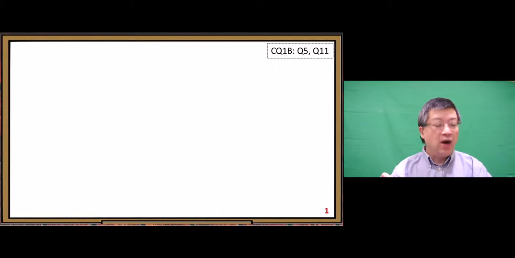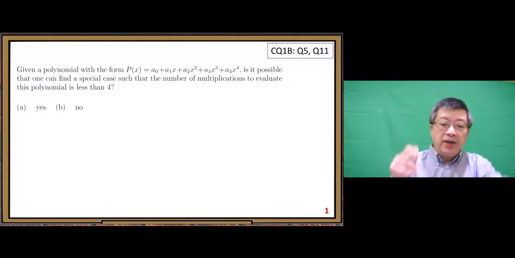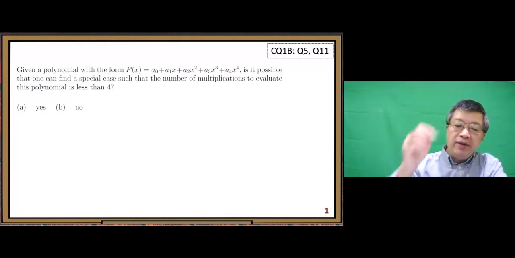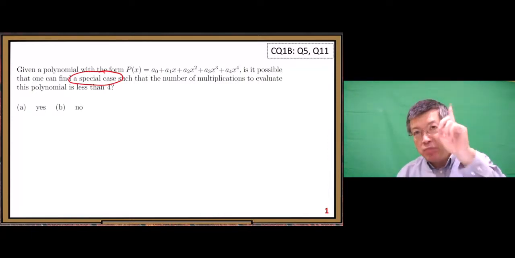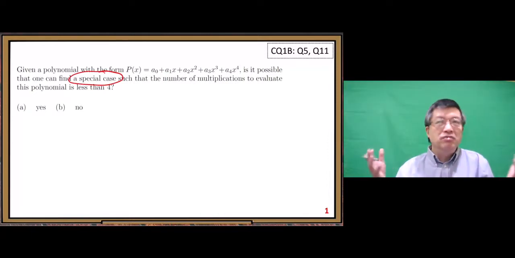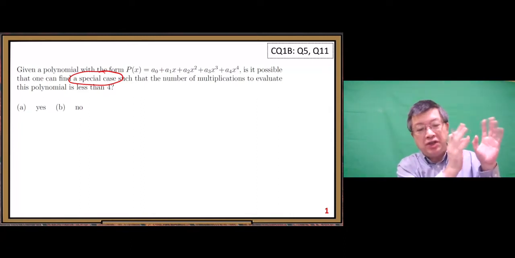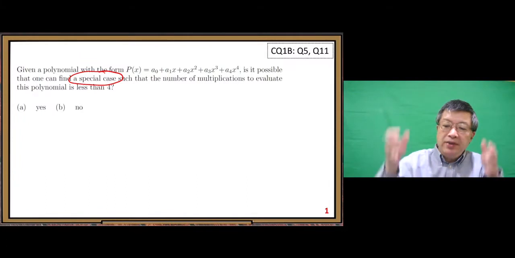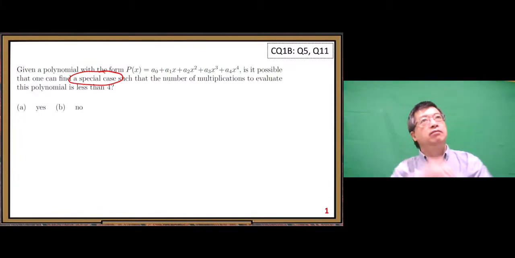The first one is from Module 1, Part B, question number 5. Here we are given a polynomial. Is it possible that one can find a special case, not a general case, such that the number of multiplications to evaluate this point is less than 4?